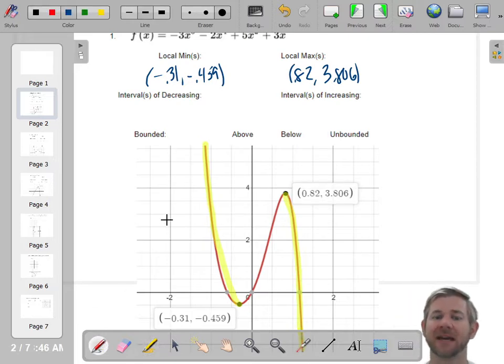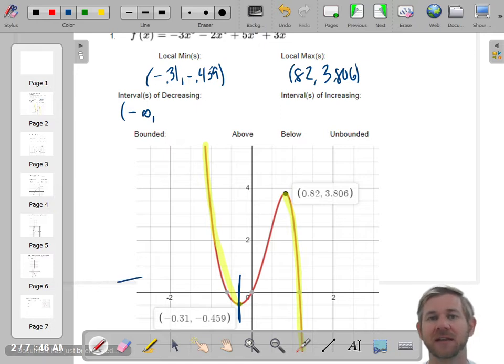So how do we say that in interval notation? Until we get to negative 0.31, it's decreasing, and it's coming from the left. The way we say from the left is negative infinity, because we are talking about x's. X's are coming from the left, and x's, when they go left, go towards negative infinity, and when they go right, they become positive infinity.